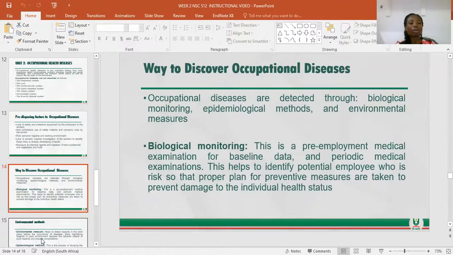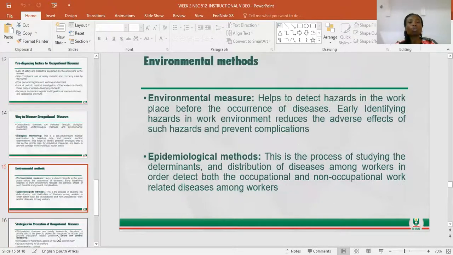What about the environmental? In the environmental measures, you want to eliminate every form of hazard to the workers in the workplace. You identify hazard, you identify risk, you reduce it in a situation whereby it cannot be completely eliminated.